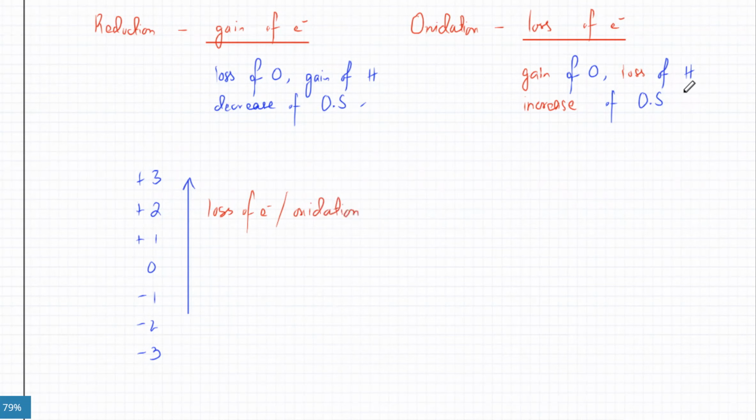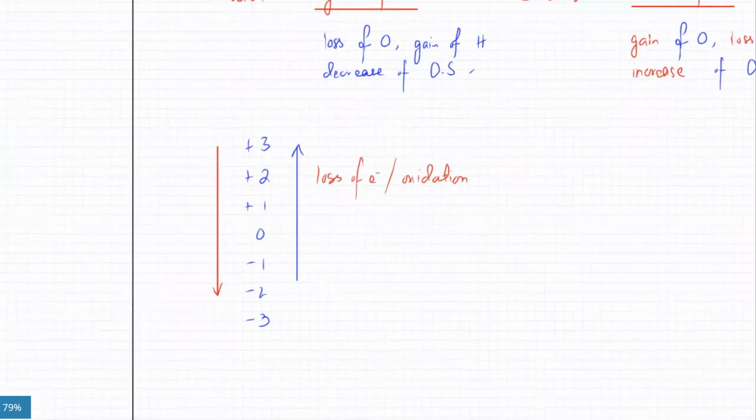So whenever something loses electrons, it becomes more positive, and vice versa. If something gains electrons, it becomes more negative. So this one is a gain of electrons, and this one is going to be called reduction.